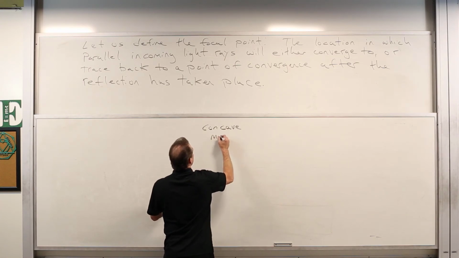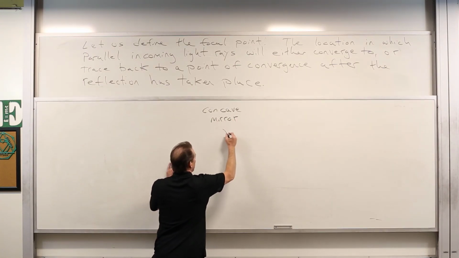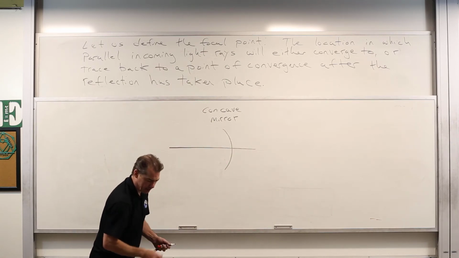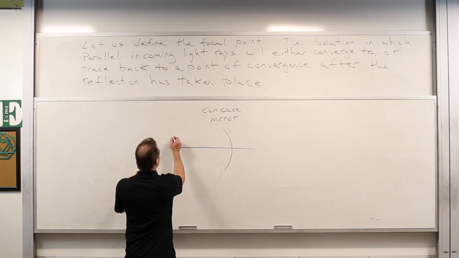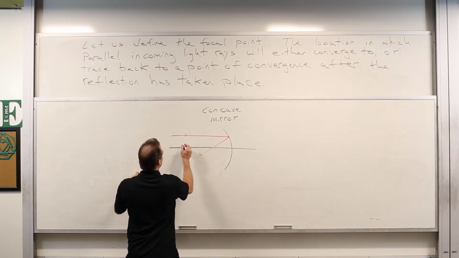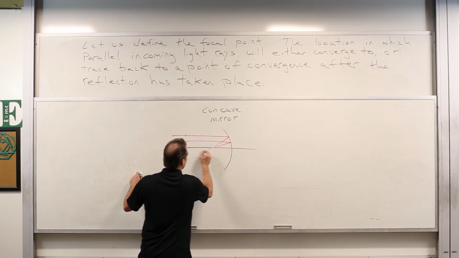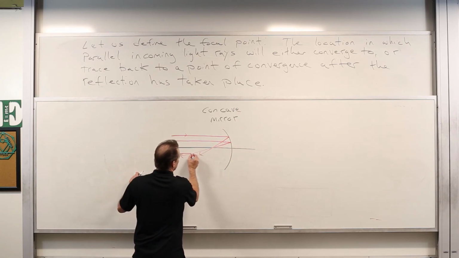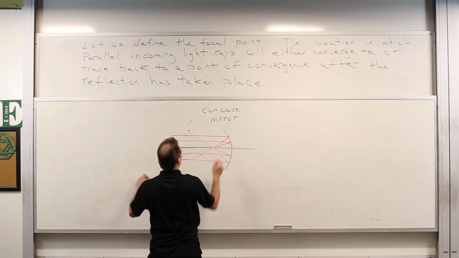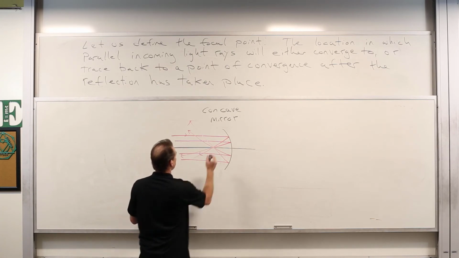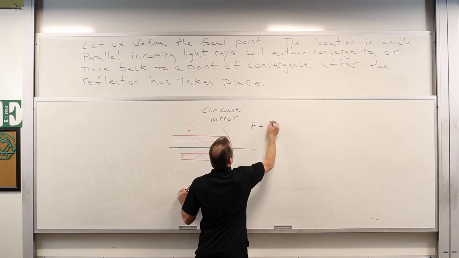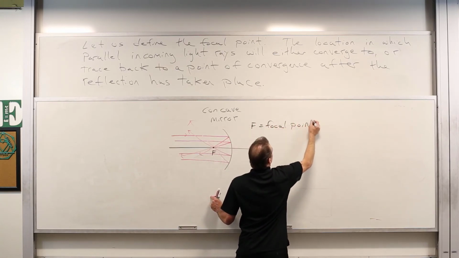Concave mirror, got a principal axis there. We can take some parallel incoming light rays. The point right there is F. Call F the focal point.